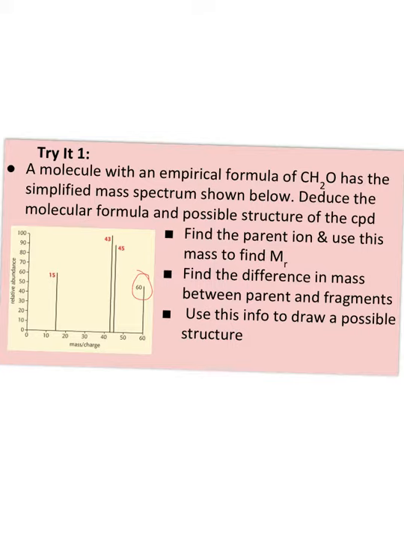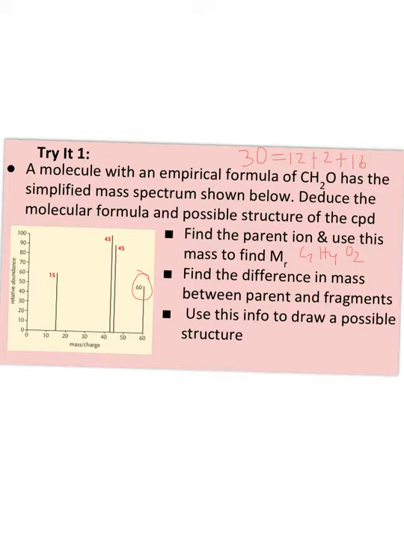The empirical formula has a mass of 12 plus 2 plus 16, which gives me a total of 30. So the actual mass is 60, and the empirical formula says 30. So I know the parent ion must have a molecular formula of C2H4O2.